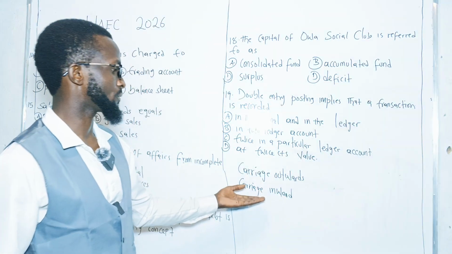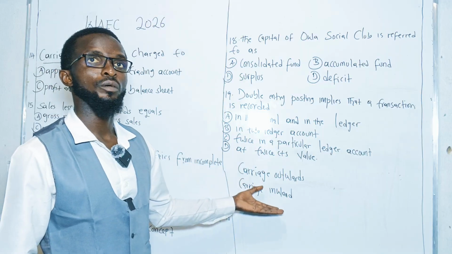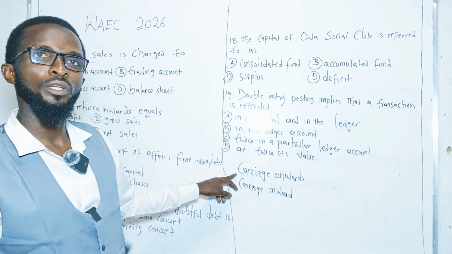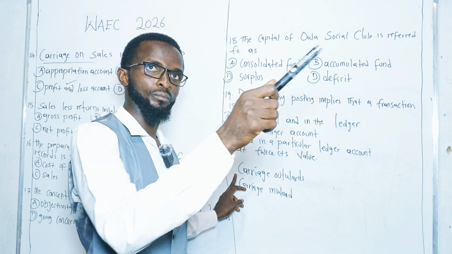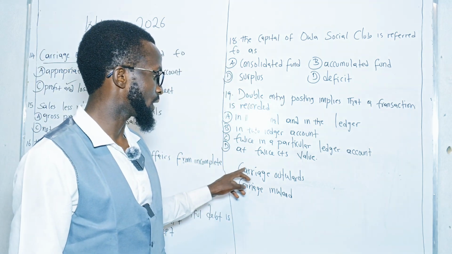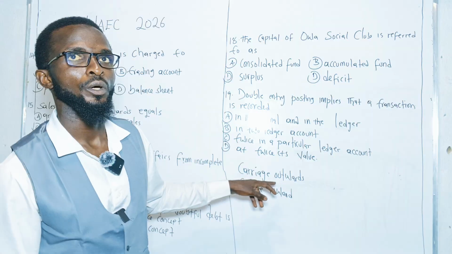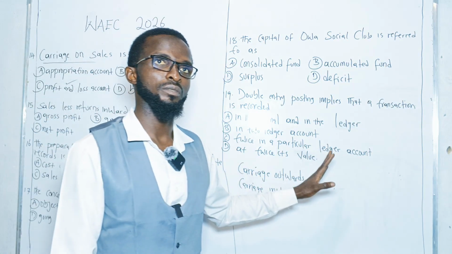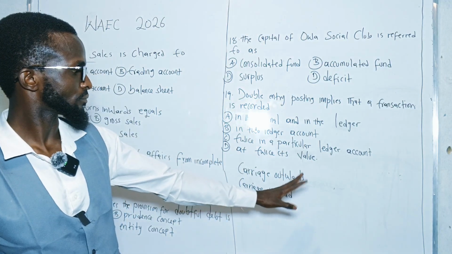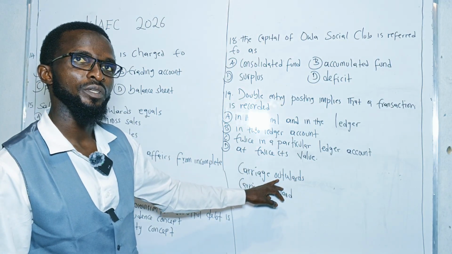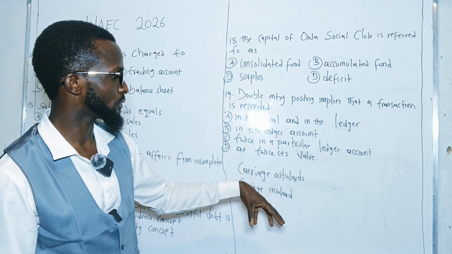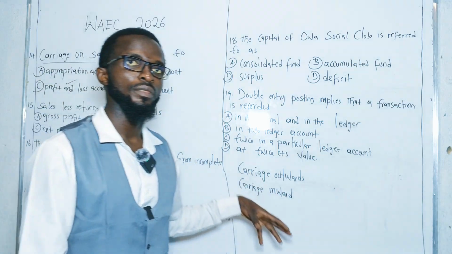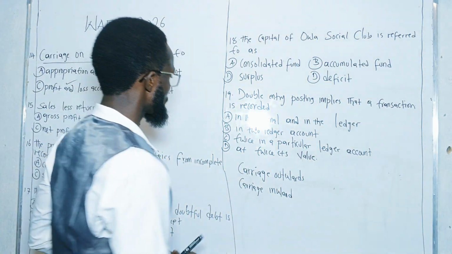It's added to the purchase. But carriage outward is the money for taking the goods to the customer. Therefore, this one is charged in the profit and loss account. This is selling and distribution expenses. It is charged in the profit and loss account, while carriage inward is charged in the trading account.